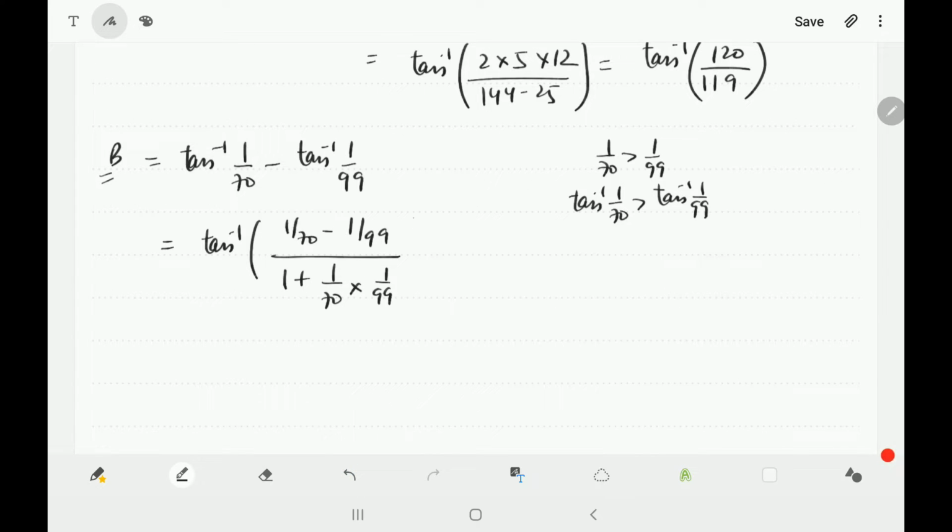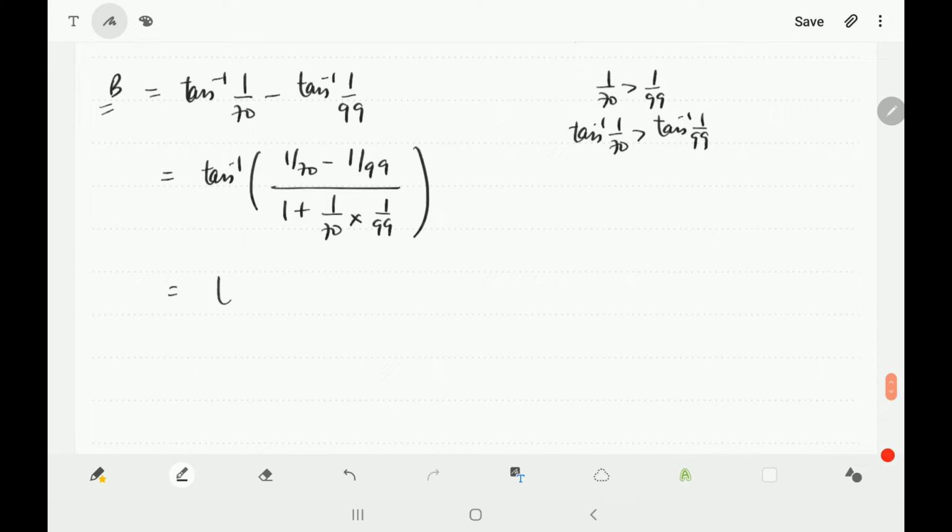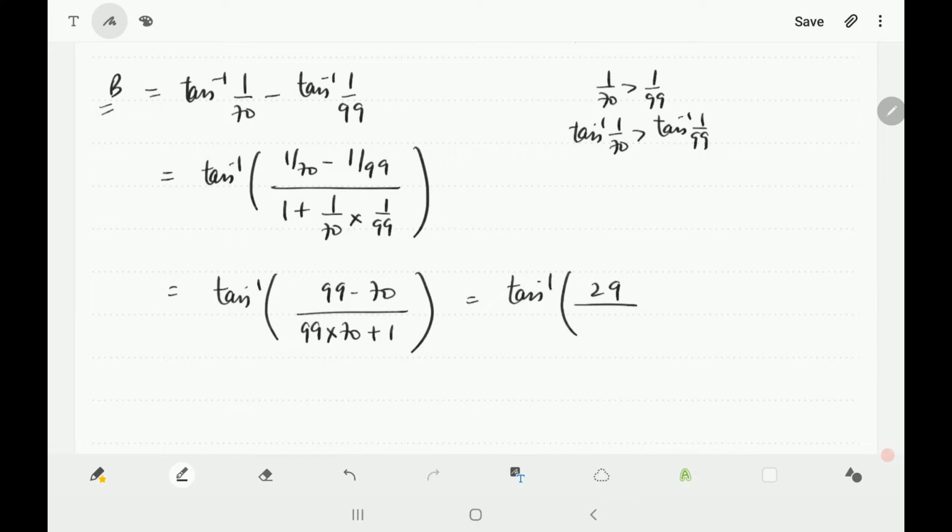Okay, so if I simplify this term I will get tan inverse of, on taking LCM, 99 minus 70 divided by 99 into 70 plus 1. Okay, so this will give me the value of tan inverse of 29 divided by 99 into 7, which gives 9, 7 is 63, 69, 6930. So 6931.